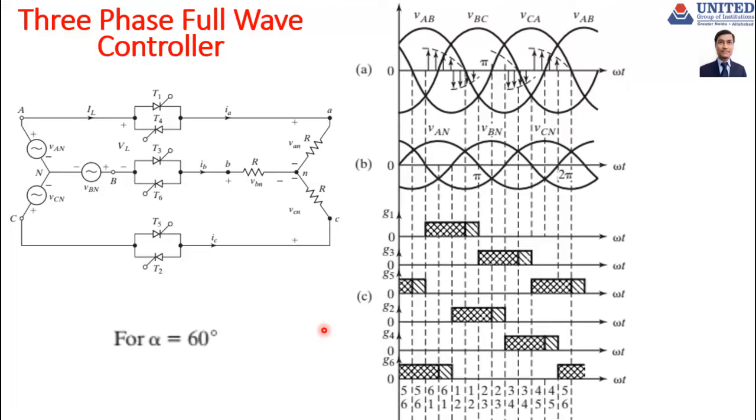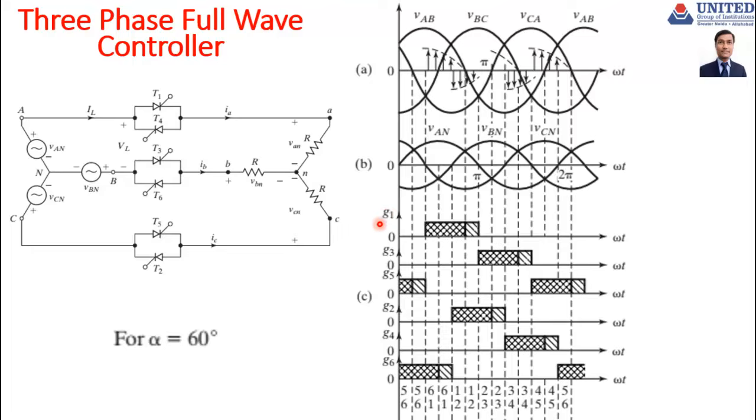Now from the gate drive waveform, we see that T1 is triggered at alpha, and here we consider alpha equal to 60 degrees. So G1 means the gate drive pulse for T1.